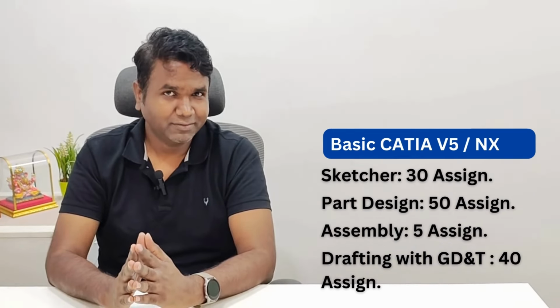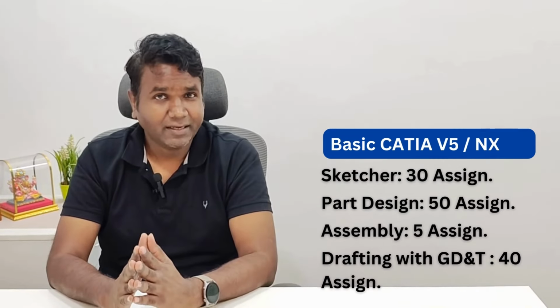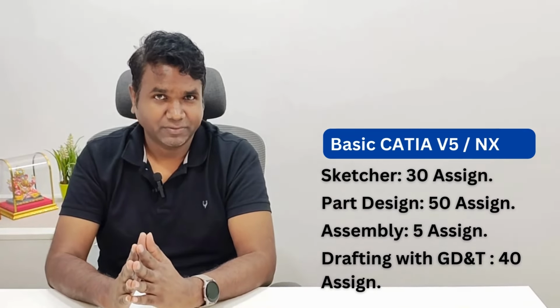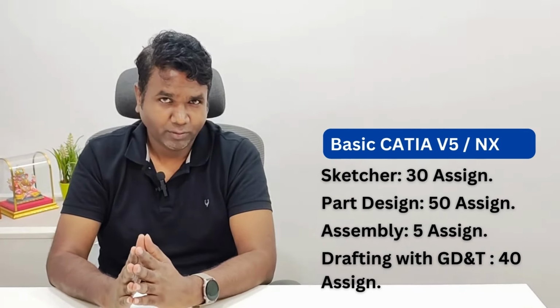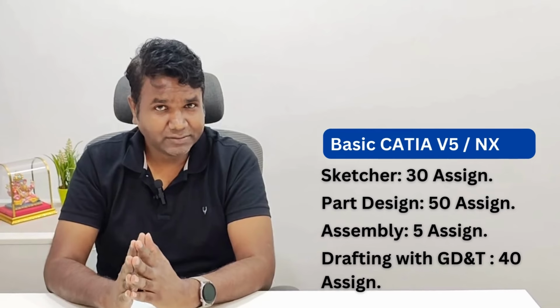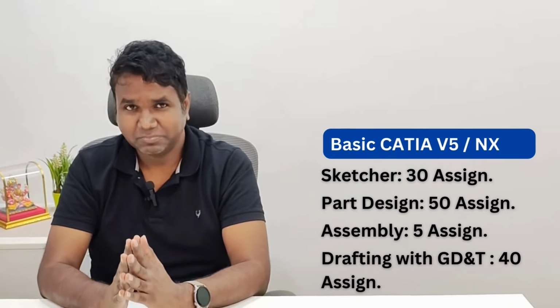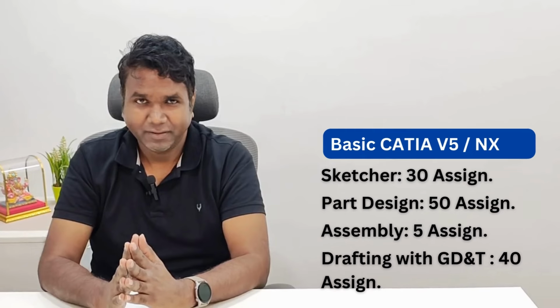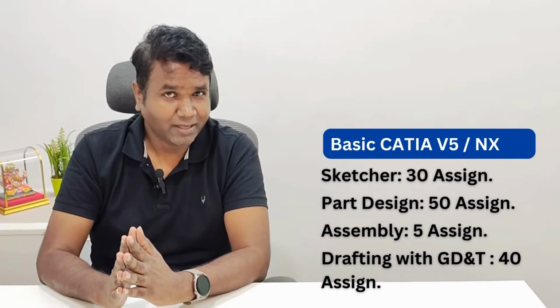So make sure you learn GD&T. Now this will take at least 6 weeks to master. All the assignments I told you, the basics of CATIA or NX, will take at least 6 weeks to learn if you practice for at least 5 to 6 hours per day.